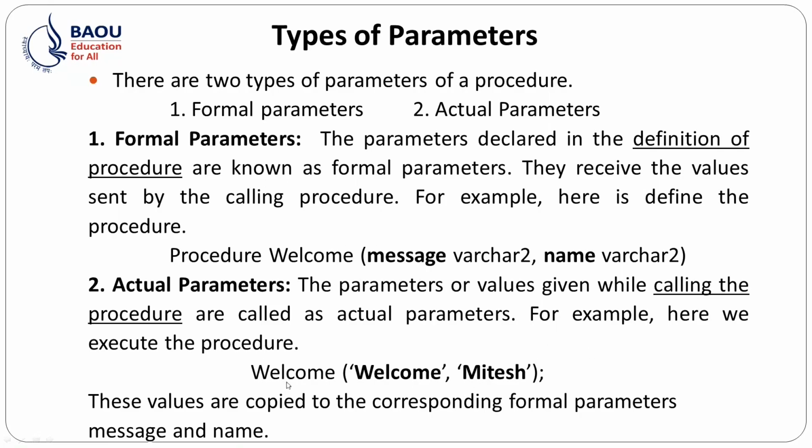How to call? Procedure name, and then in the brackets pass the values of the parameters. Welcome is passed to the message and Mitesh is passed to the name variable. These values are copied to the corresponding formal parameters, message and name.